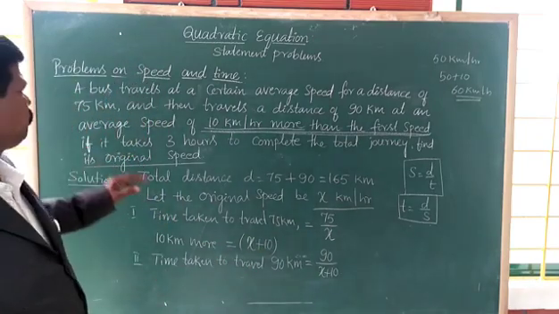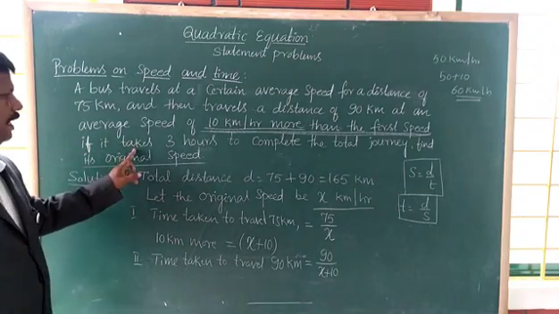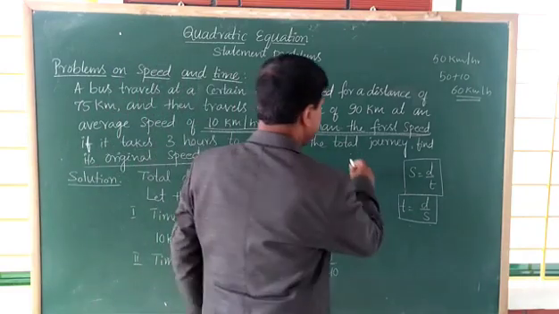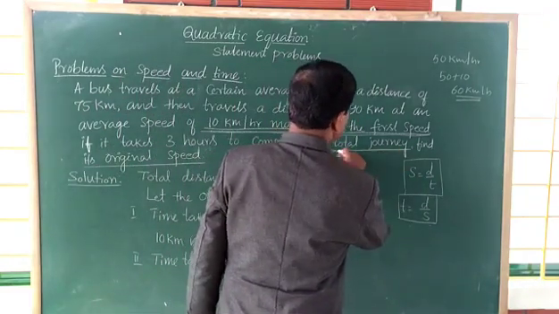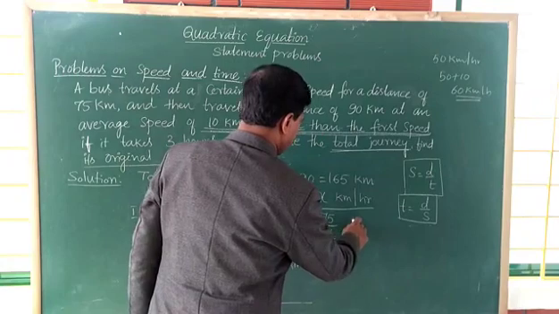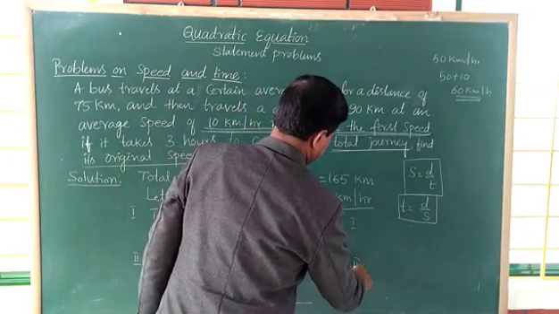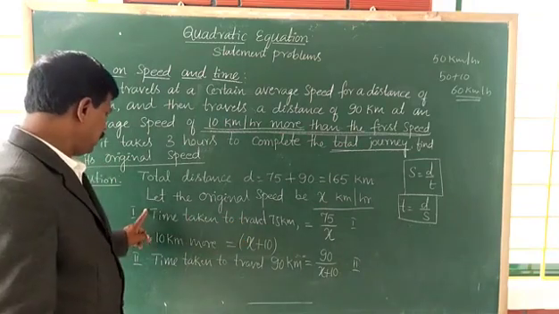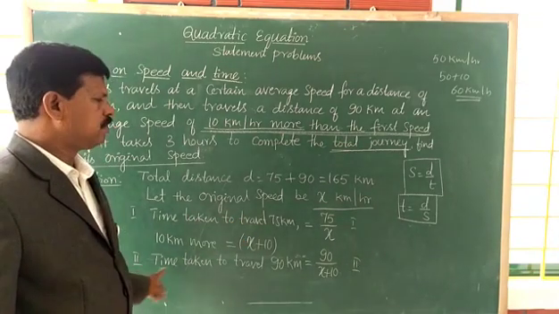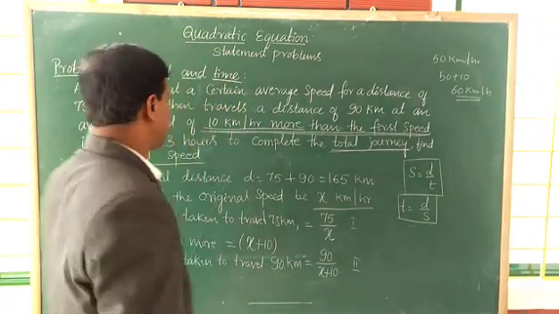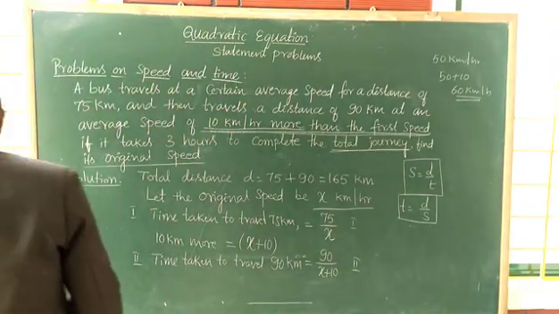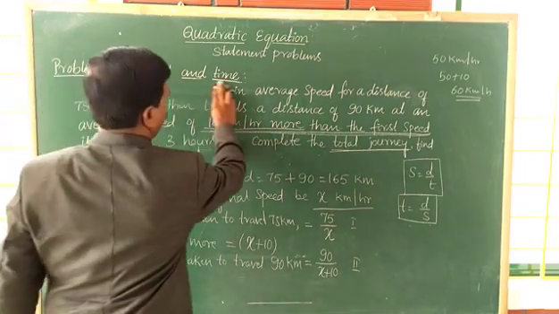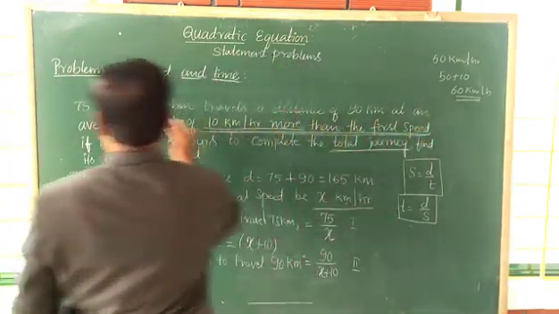Now look at this. If it takes 3 hours to complete the total journey, total journey means this and this. This is the first time taken and here is the second time. So I am writing the problem here.